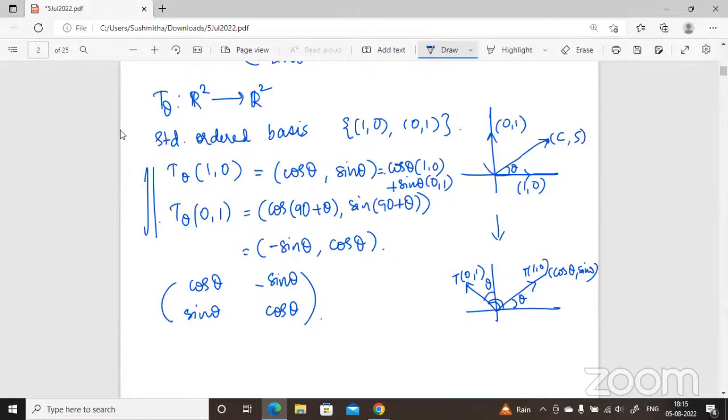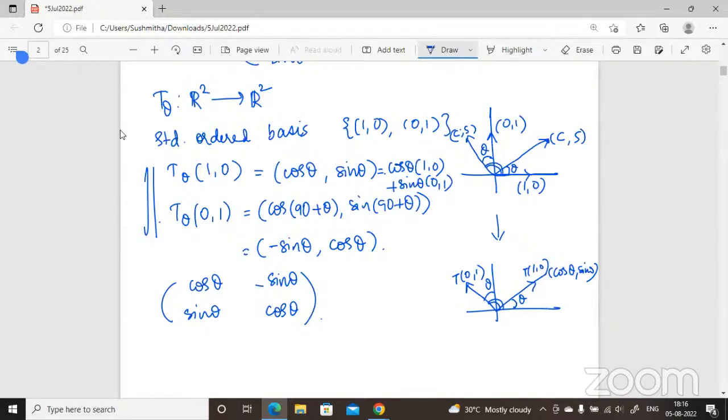This gets rotated to some vector which is at an angle theta from the original vector. So how do we get this point? Minus sin theta, cos theta. You can directly write it as minus sin theta, cos theta, or find the angle this point makes with the positive x-axis, that is 90 plus theta.